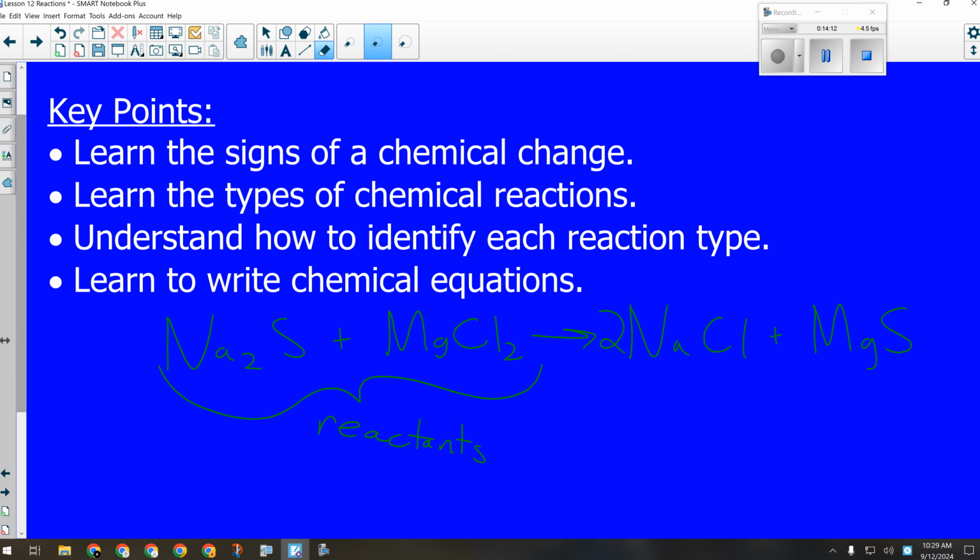So reactants. This side is what's produced by the reaction, so we call it the products.